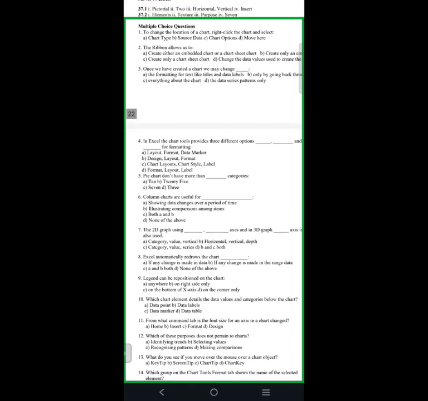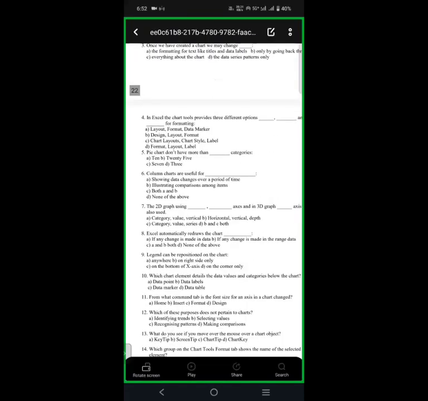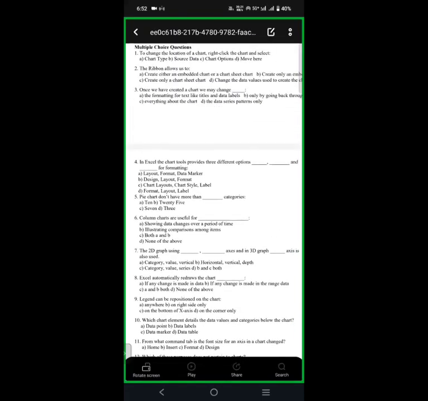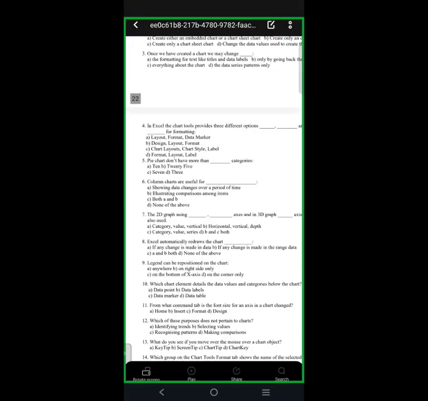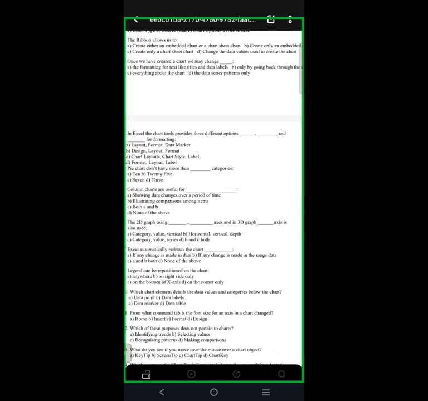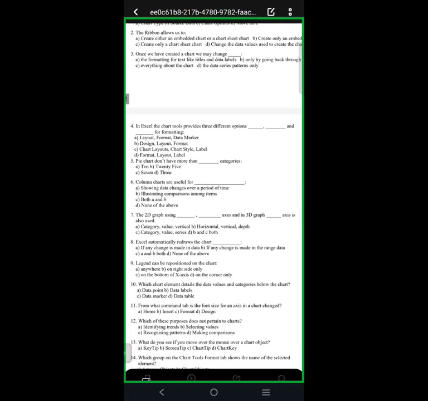There are multiple choice questions. To change the location of a chart, right click the chart and select move here. The ribbon allows us to change the data value used to create the chart.